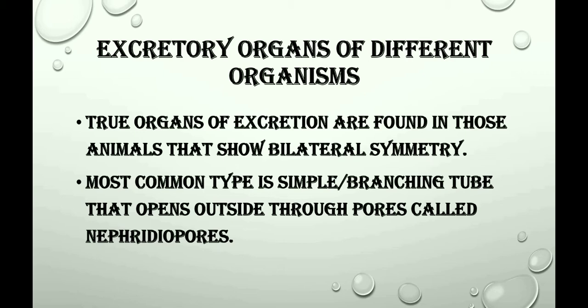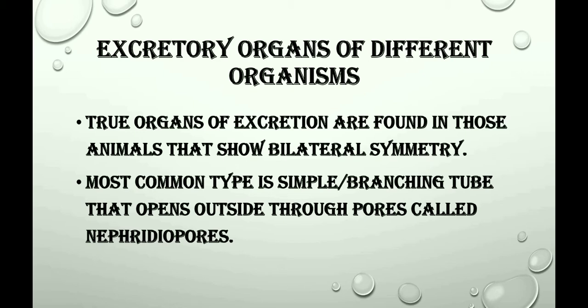If I say the word bilateral symmetry, that means if you cut any organism from the center through a single plane and you get two equal halves, such kind of symmetry is called bilateral symmetry. For example, human being. If you cut a human being from the axis or center, you will find two equal halves. That means they show bilateral symmetry.